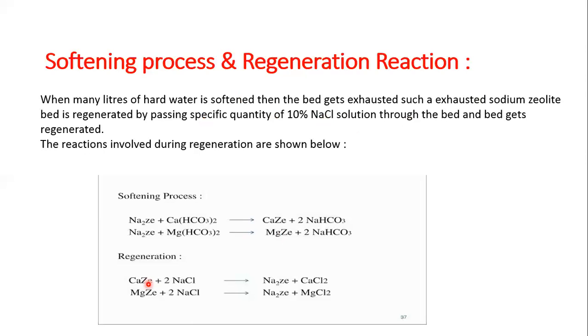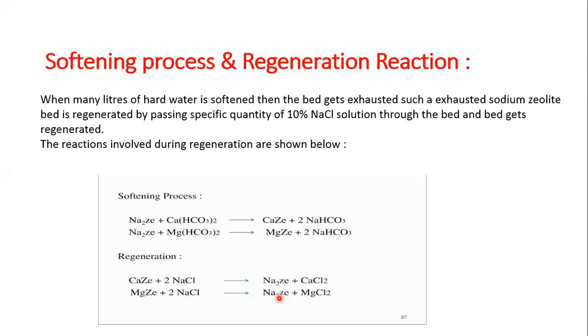As per the reaction, this calcium zeolite, which we call the exhausted or saturated bed, reacts with the 10% NaCl, the brine solution. It forms sodium zeolite with the formation of calcium chloride salt. In the same manner, magnesium zeolite, the exhausted bed, reacts with the 10% sodium chloride.